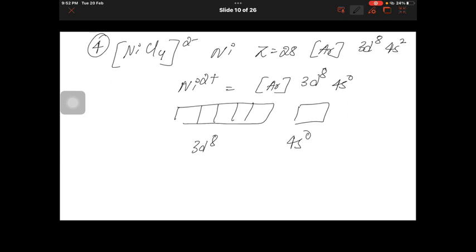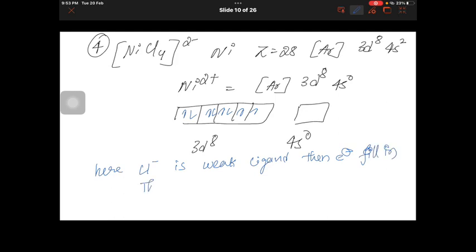So here Cl minus is a weak ligand, then electrons fill in the orbitals according to Hund's rule.